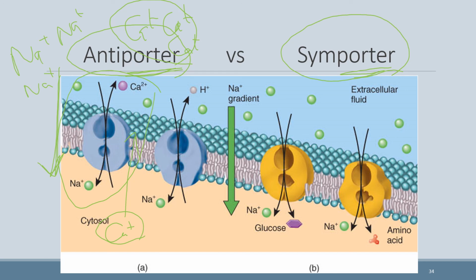Okay, so again, let's look at our sodium glucose example. So again, we have a large amount of sodium on the outside. So sodium will very easily move from high concentration to low concentration.